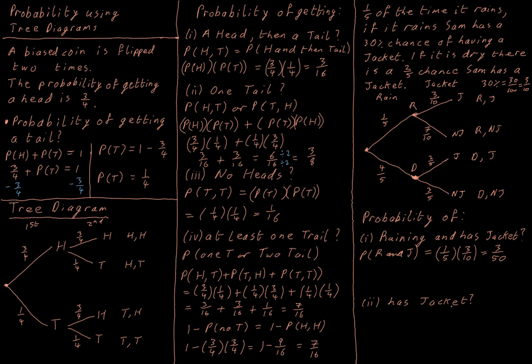And then what's the probability that Sam has a jacket just in general? Well, what are the different ways that that could happen? Well, it could be raining and Sam could have a jacket. Or it could not be raining, so it could be dry and Sam could have a jacket.